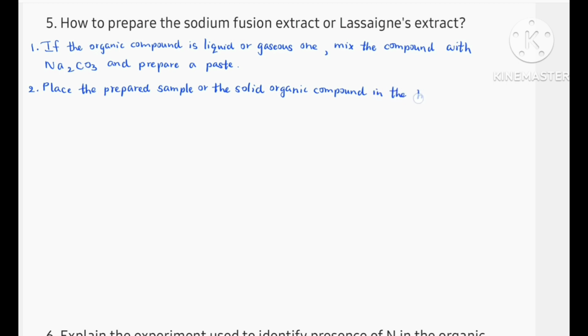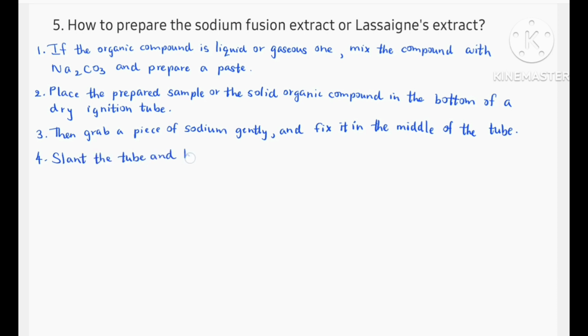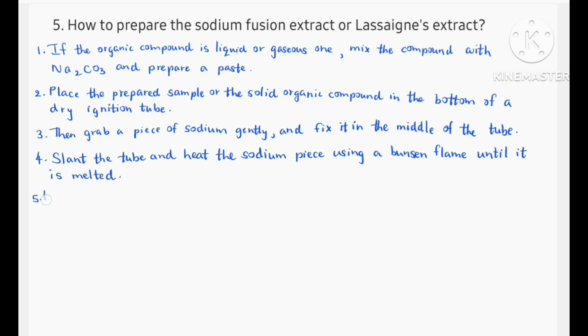Place the prepared sample or the solid organic compound in the bottom of a dry ignition tube. Then grab a piece of sodium gently and fix it in the middle of the ignition tube. Slant the tube and heat the sodium piece using a Bunsen flame until it is melted.